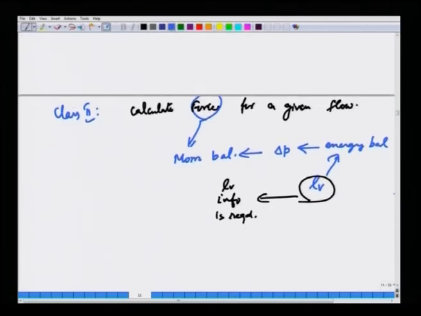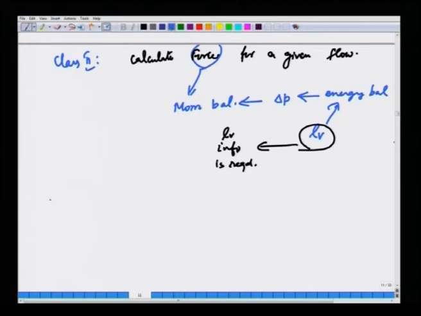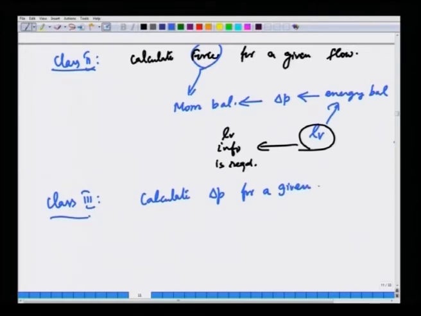The third class of problems involves, okay, here we may be asked to calculate delta P for a given flow. So, you will be given a flow, the velocity, and asked what delta P is required. Okay.